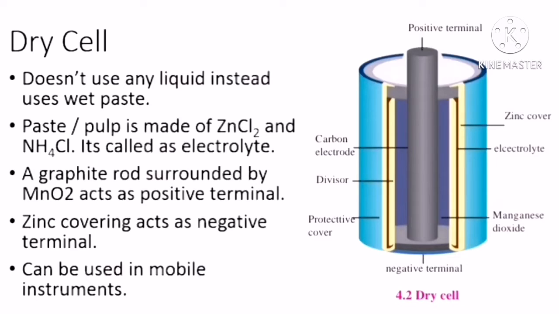Whenever these two terminals are connected with each other via wires, then electricity starts to flow through the wires, and this dry cell we can use in mobile instruments also. These are some uses and construction of dry cells. I hope you are clear on the concept of dry cell.